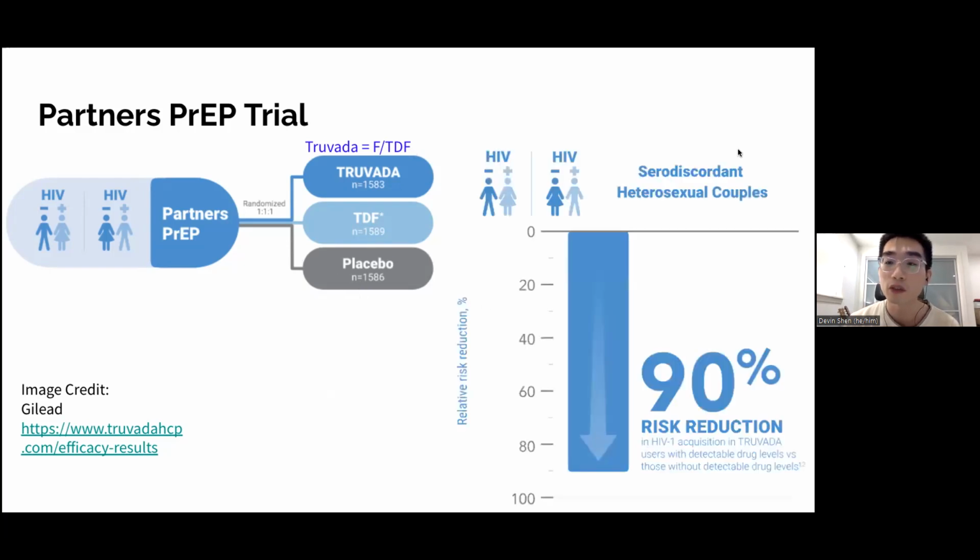The results demonstrated a 90% risk reduction in acquisition of HIV for people who used PrEP and had detectable drug levels of the medicine in their blood. It doesn't give information about how much PrEP they were using, whether once every day or not, but if there was any detection of medicine in their blood, then they had a 90% risk reduction in acquisition of HIV.